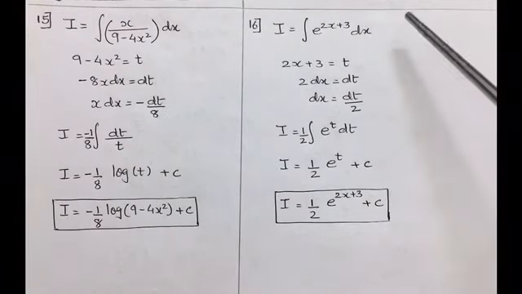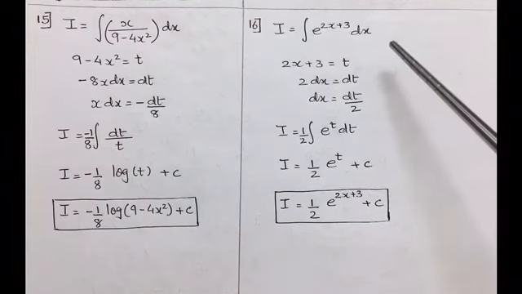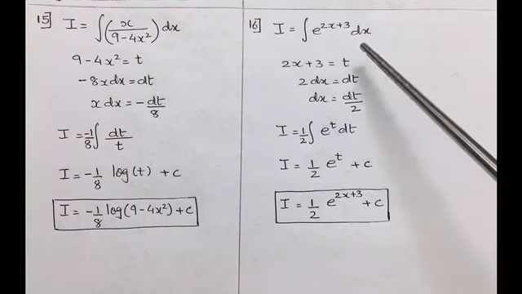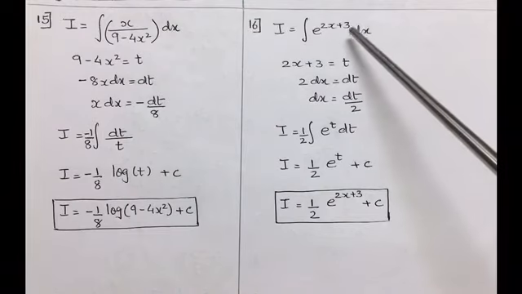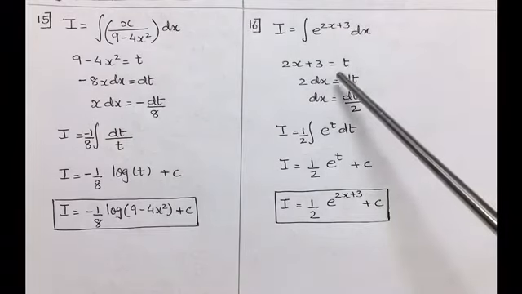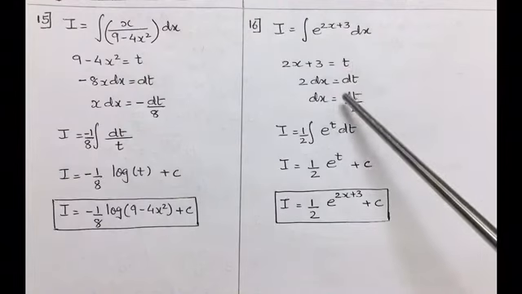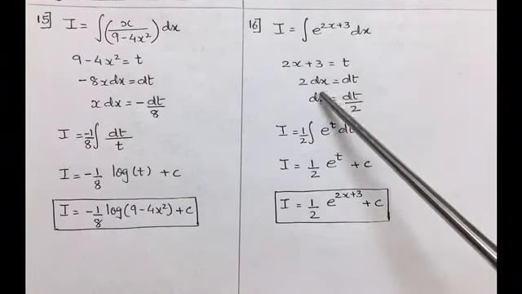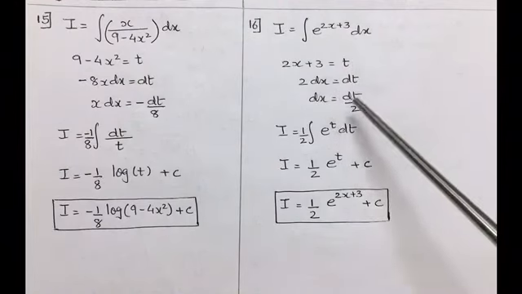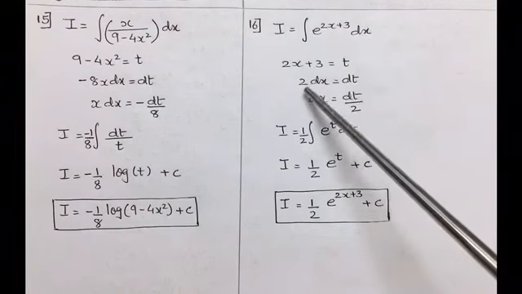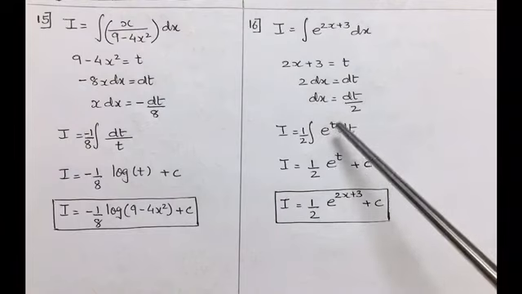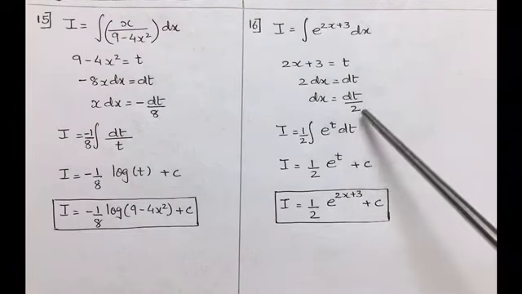16th one is I equal to integration of e raised to 2x plus 3 dx. Assuming 2x plus 3 as t and differentiating it, we get 2 dx is equal to dt, because differentiation of x is 1. Shifting to the other side, it becomes dx is equal to dt by 2.